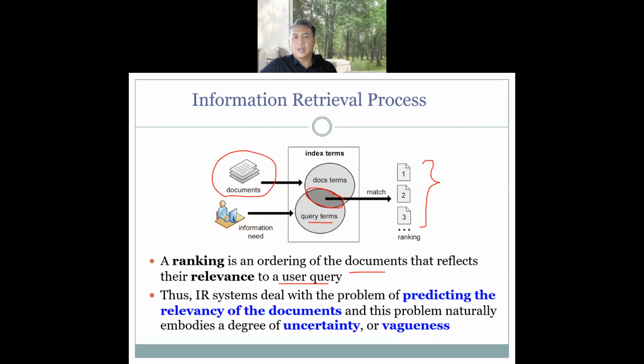In databases, we are looking at exact matching. But in information retrieval, we are looking at the degree of relevancy. What is the degree of relevancy of the document with respect to the query? So we are dealing with a degree of uncertainty, not exact matching, or sometimes we call it vagueness.